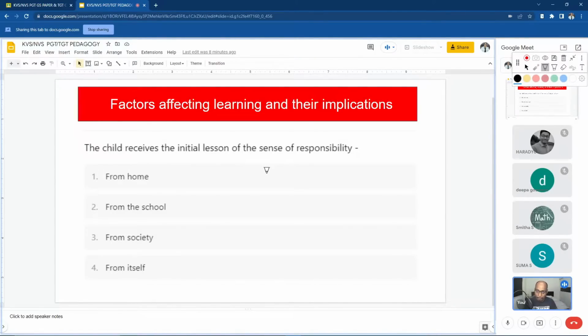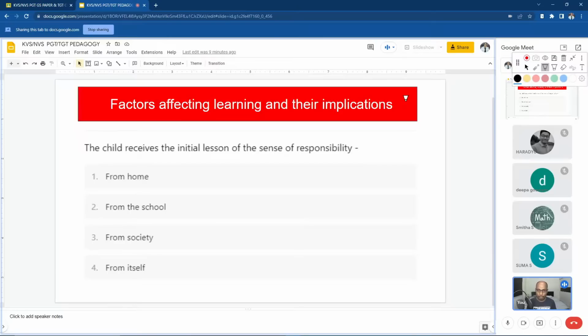The second part, or second unit, under understanding teaching learning is factors affecting learning and their implications. Again, factors affecting learning and their implications is subdivided into three different parts. Part by part we'll study, but before starting anything, we will practice a few MCQ questions.